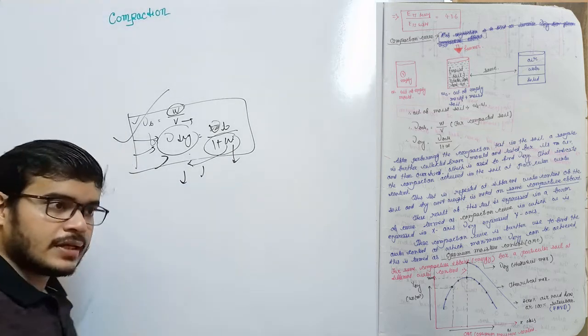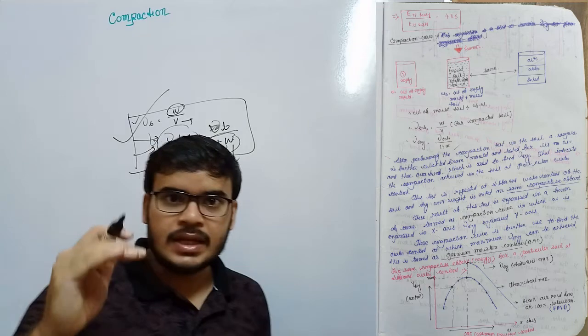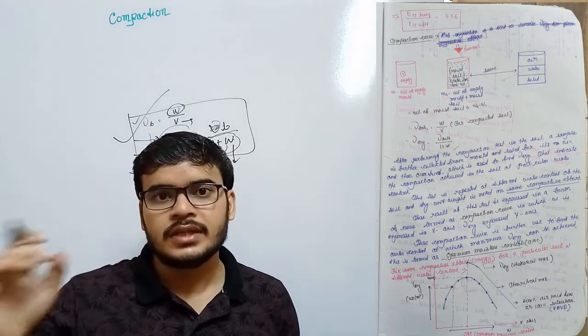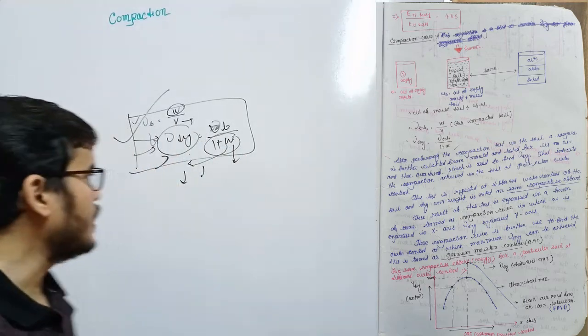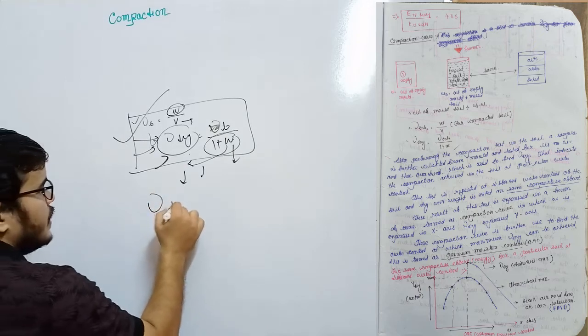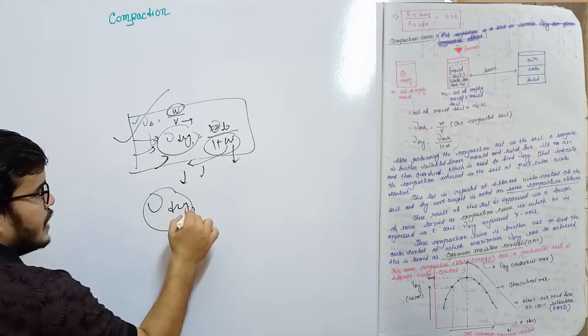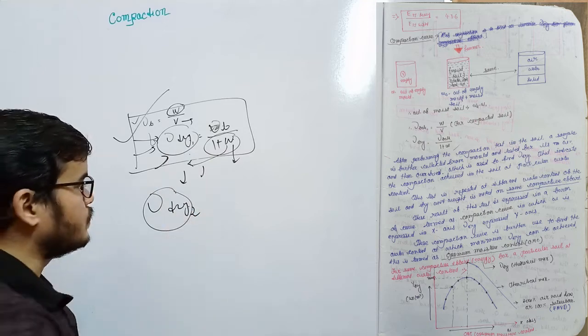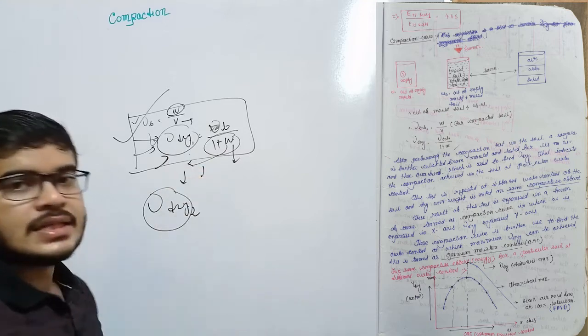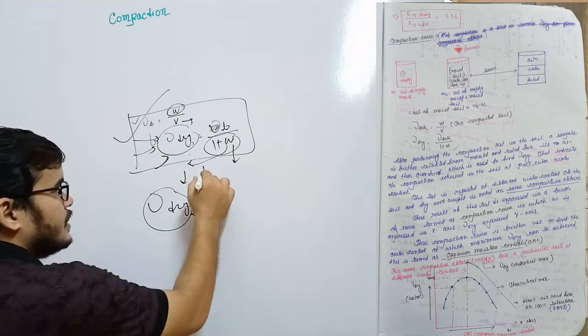Same compactive effort means 3 layers with 25 blows in each layer. Then we find the gamma dry value: in the first case gamma dry 1, in the second case gamma dry 2. Again the test is repeated like this.